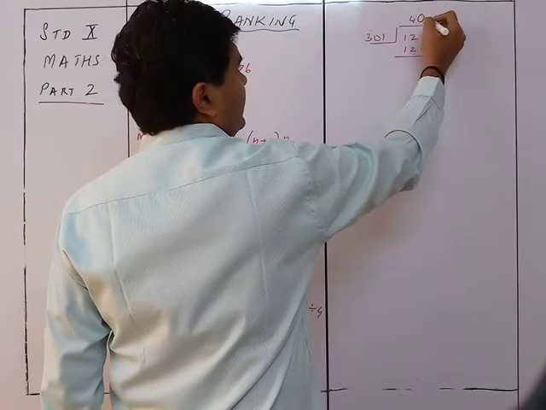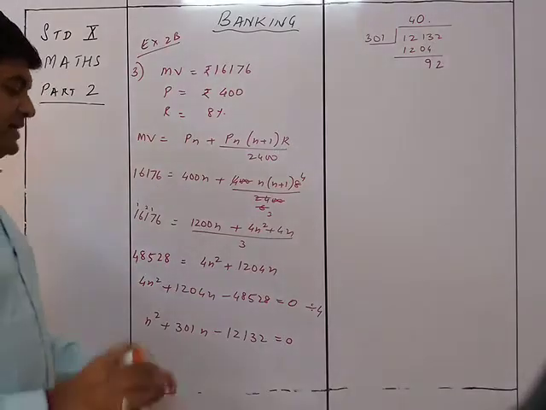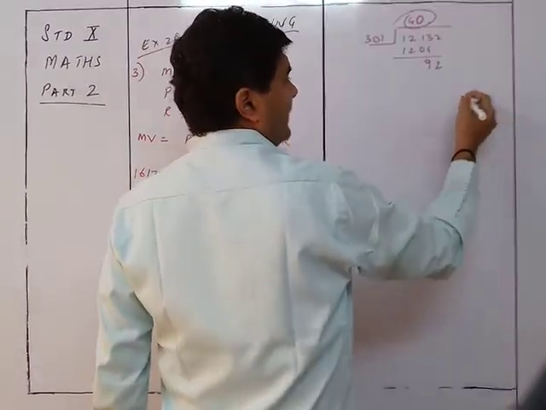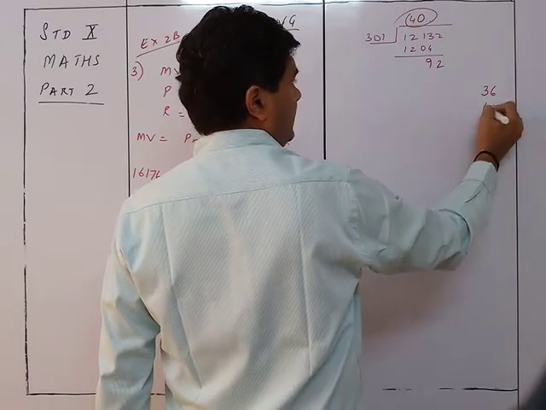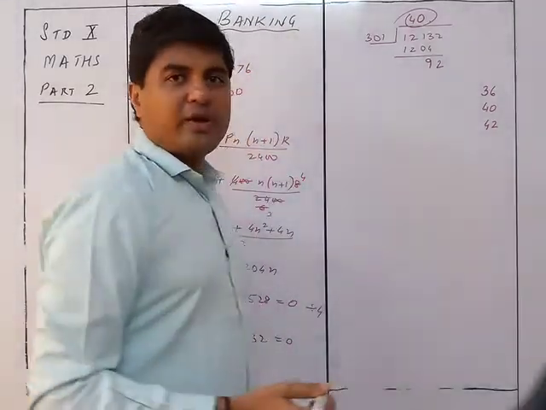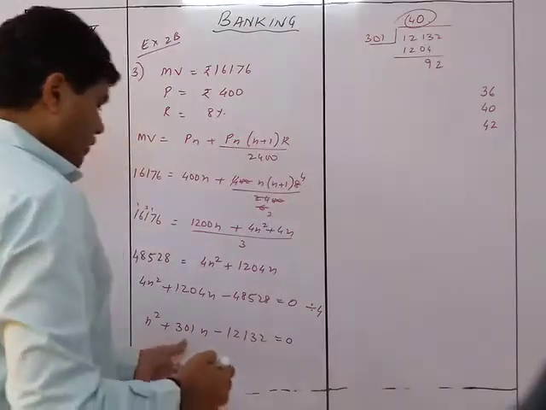So this becomes 0. So 40. Okay, so the value is approximately 40. So what are the values? It could be 36. It could be 40. It could be 42. Right? In multiples of 6 and multiples of 10, these 3 numbers come in approximation. You want 301.